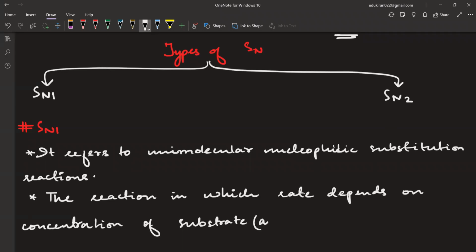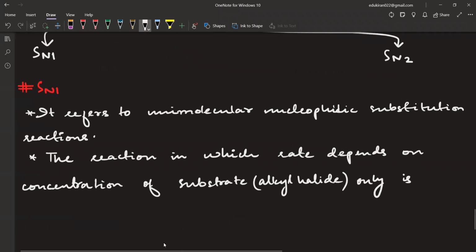In this chapter, the substrate will be alkyl halide. Substrate only is known as Sn1.